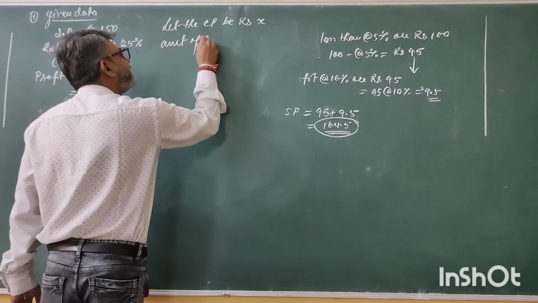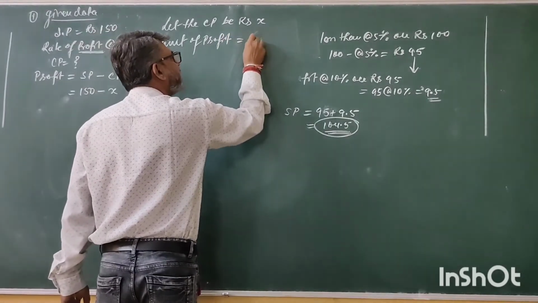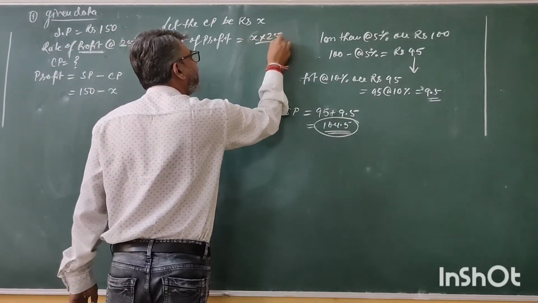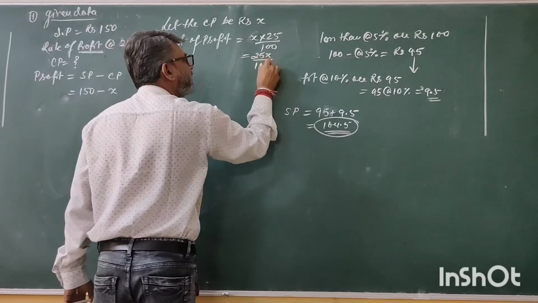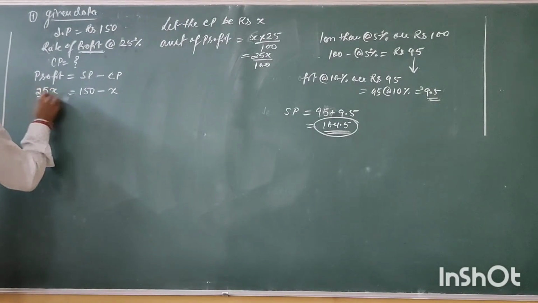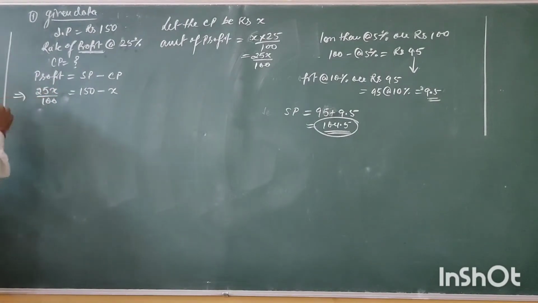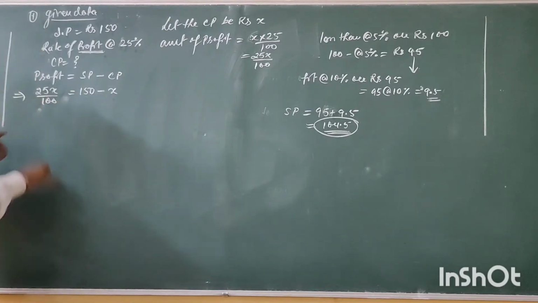Okay? Therefore, CP. Now, amount of profit is equal to X into 25 by 100. Therefore, 25X upon 100. Clear? Now 25x upon 100. X will be transferred to the opposite side of the equal.